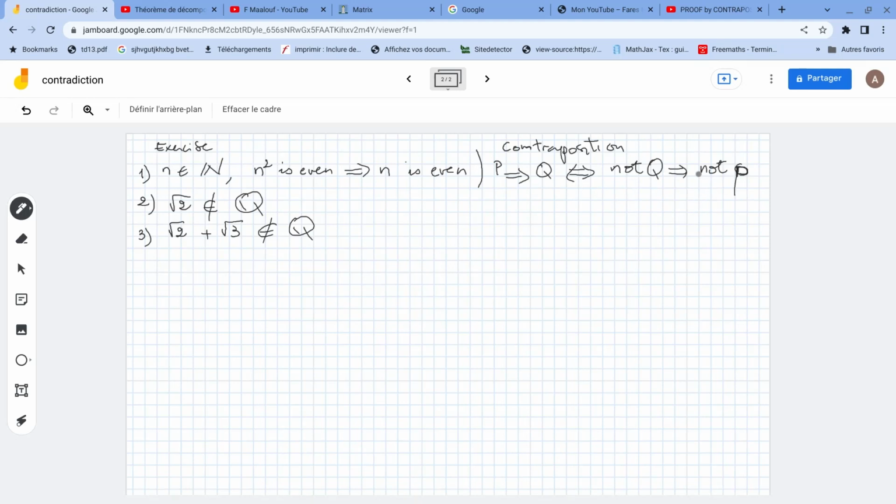So if the contraposition is true, then the given implication is true also.